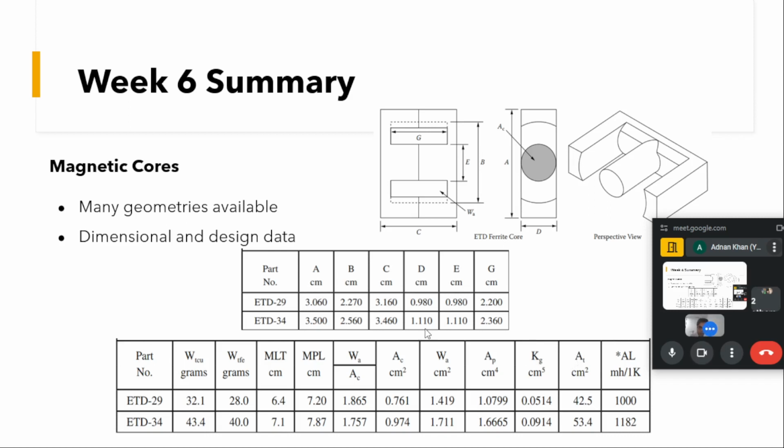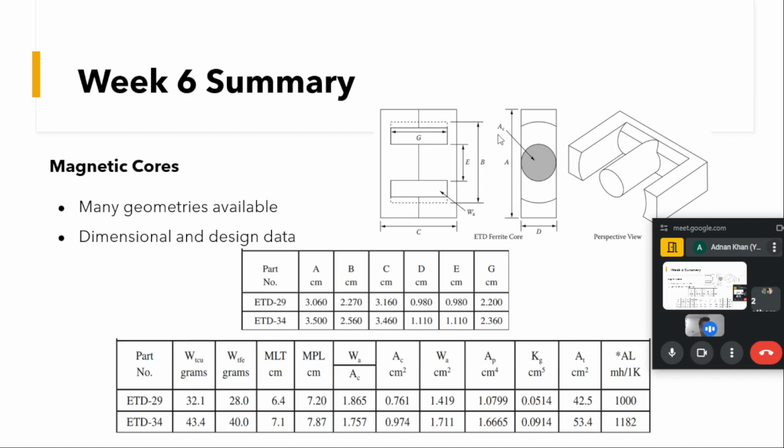If this data is not provided, like the window area, it can be calculated from these dimensions. If we know the value of G and we know this length, we can calculate the window area of this core. If we know the length of this central limb and we know the height, we can calculate.